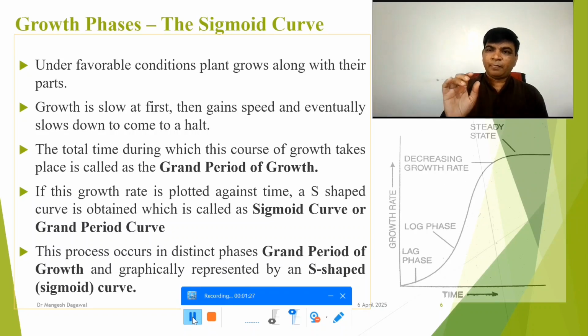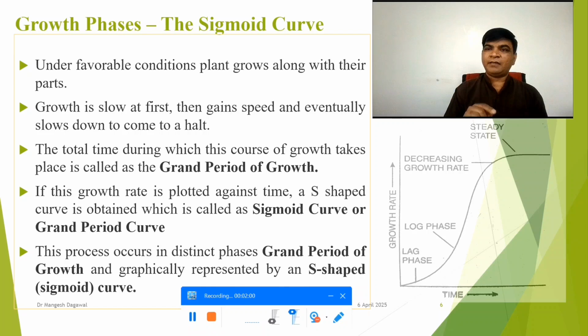अभी अगर हम एक ग्राफ में, इस डायग्राम में देखते हैं, you can see here the growth rate. Initially there is a first phase that is slow, then it gains speed in another phase, again there is a decrease and then there is a steady state. So it forms a particular shape that is called the S shape, and this forms the curve.